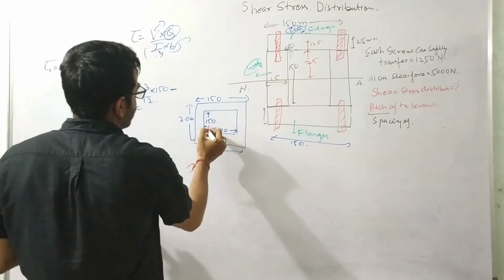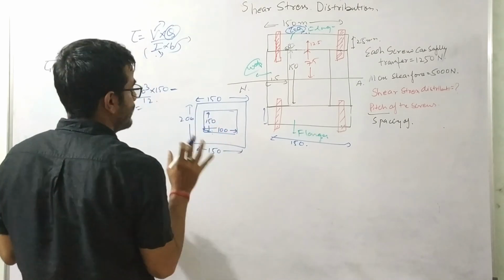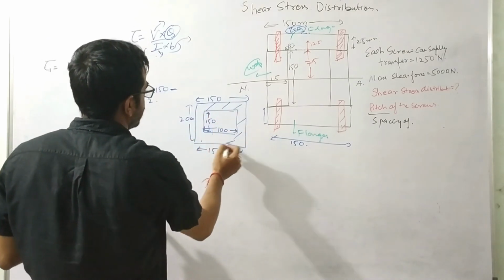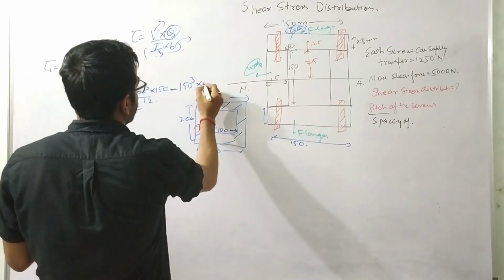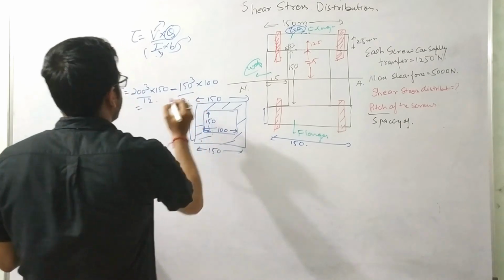Okay, then I'll subtract this cross section. After subtracting, I'll get the moment of inertia of this portion only. So this will be 150 cubed into 100 divided by 12.